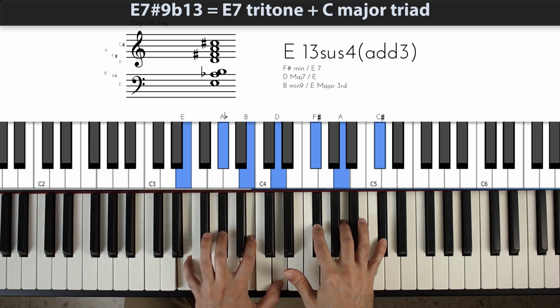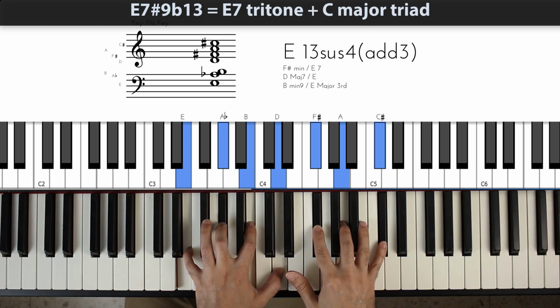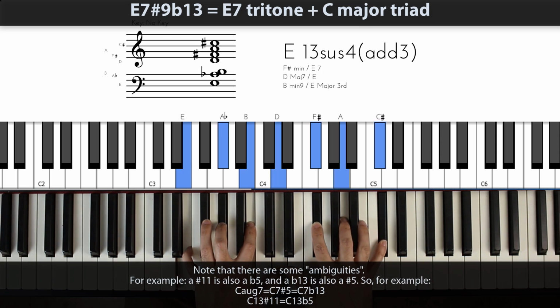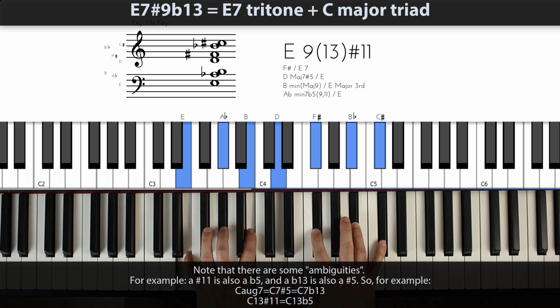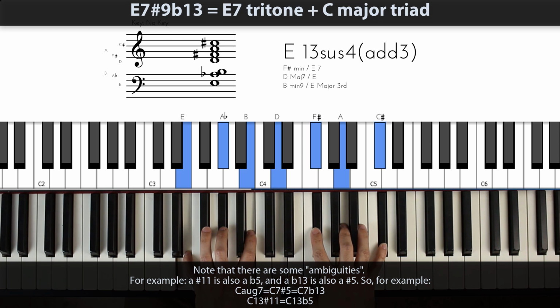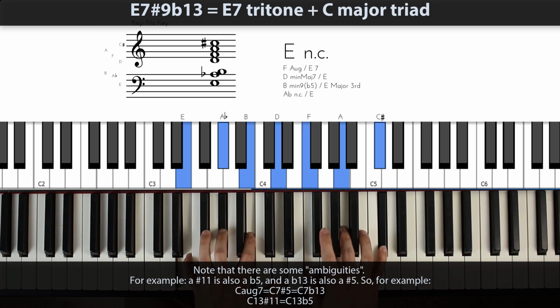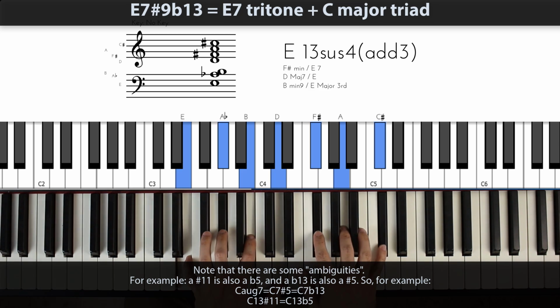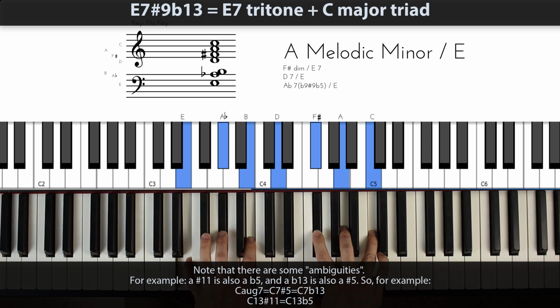These higher degrees can also be modified with tensions. So for example, you can take the 11th and sharpen it, or you can take the ninth and sharpen it, or you can take the ninth and flatten it, or you can take this 13th and flatten it. So you have all of these different variations.